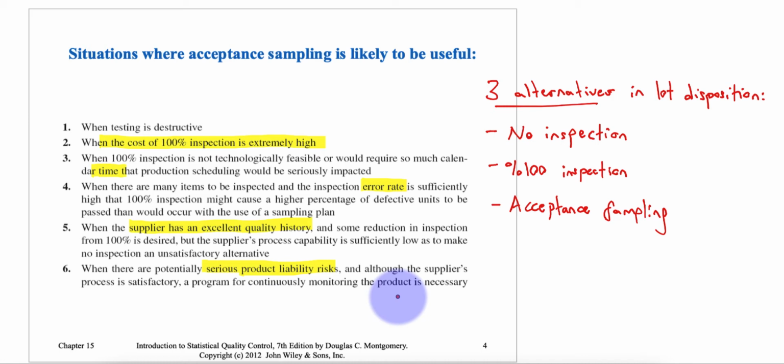And if there are some product liability risks, it means that every partner in a supply chain will be responsible for the defective units. That's why you need to make acceptance sampling rather than just no inspection, even if the supplier is very good. Okay.